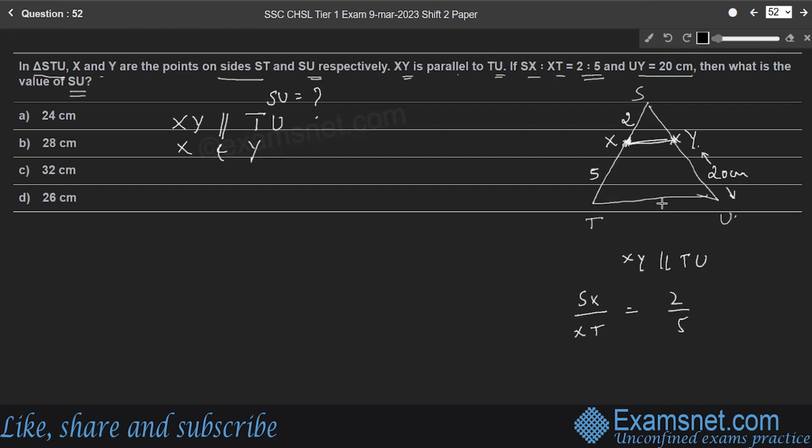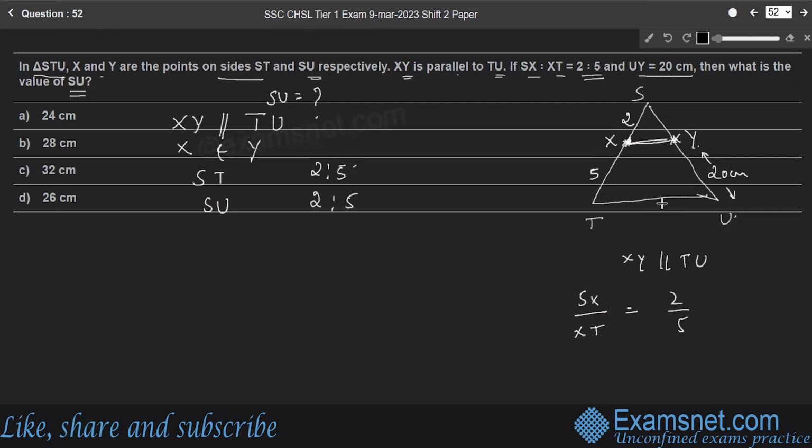Here, X divides the side ST in the ratio 2:5, and Y divides the side SU in the same ratio, 2:5.